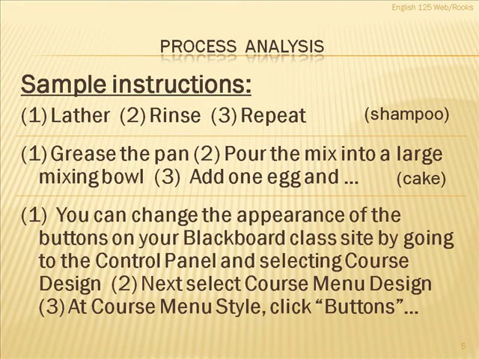You can change the appearance of the buttons on your Blackboard class site by going to the control panel and selecting Course Design. Next, select Course Menu Design. At Course Menu Style, click Buttons, and so on. This little bit more complicated set of instructions comes from the Blackboard Course Design instruction, and instructions can get even more complicated, like how do you build a jet engine?